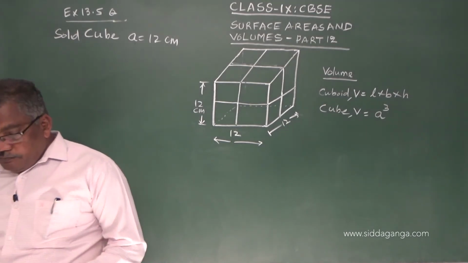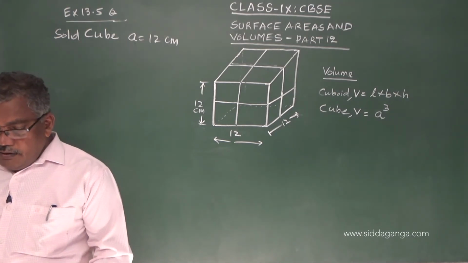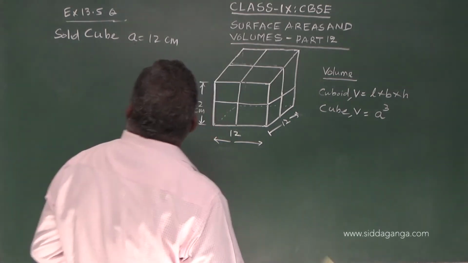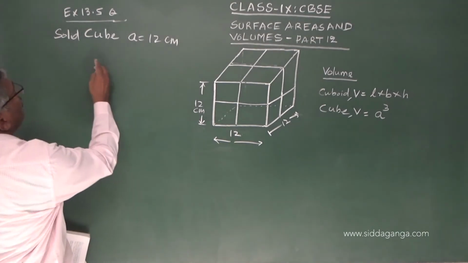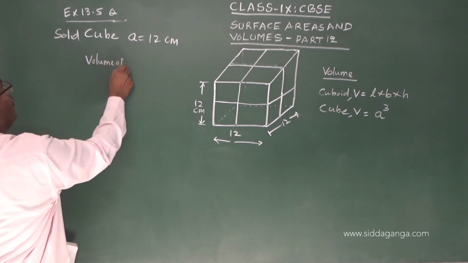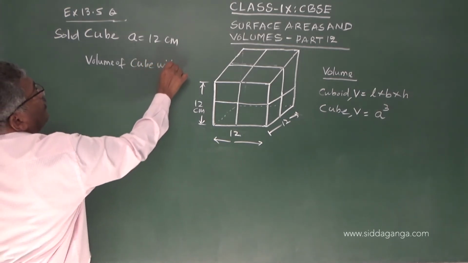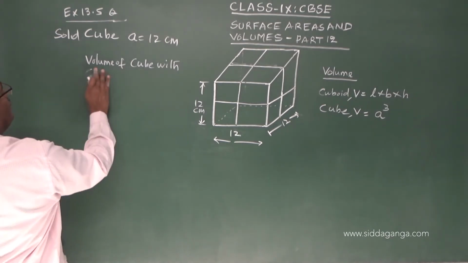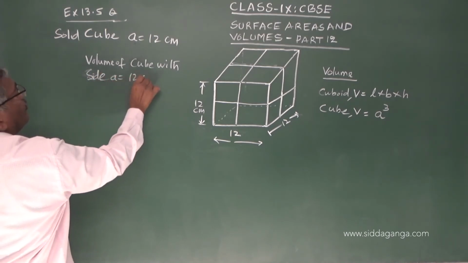So mathematically, if you want to calculate, you have to go this way. The volume of a cube with side a equals 12 centimeter.